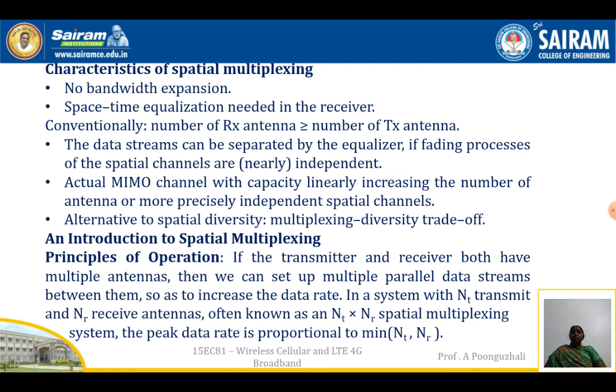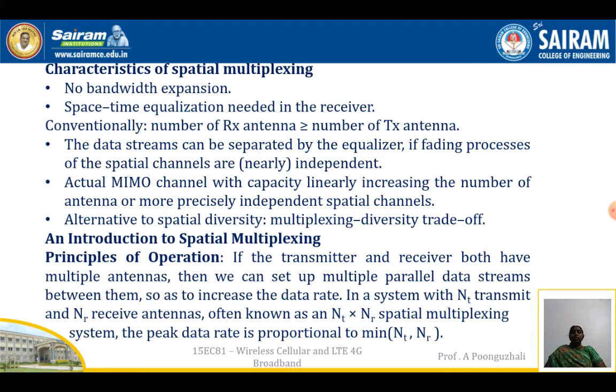Now we are going to see the introduction to spatial multiplexing. If the transmitter and the receiver both have multiple antennas, then multiple parallel data streams can be transmitted between them, and this increases the data rate.